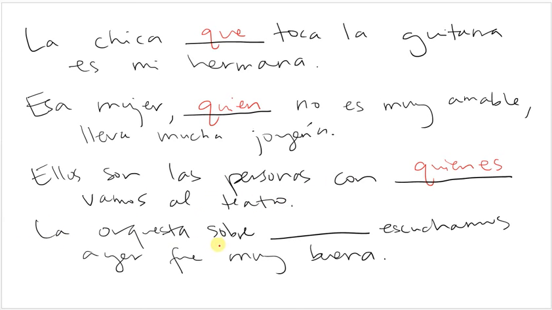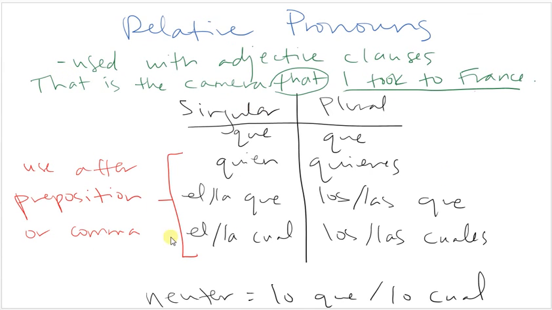La orquesta sobre something escuchamos ayer fue muy buena. So the orchestra about which we heard yesterday was very good. Sobre is a preposition, so I'm going to have to use one of these bottom ones. The orchestra is not a person, so I'm not going to use quien. I can use either of these, and they're interchangeable.